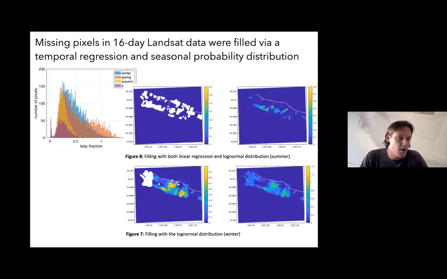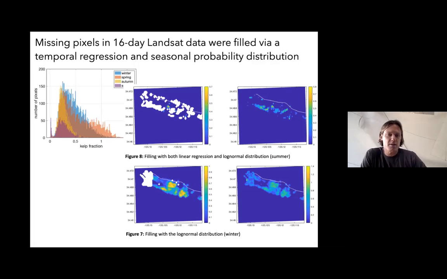And what O'Reilly did was she created histograms of basically kelp observations based on season. And so she broke things out into winter, spring, autumn, and summer. You can see the distribution, basically the fraction of kelp, number of pixels by season there.